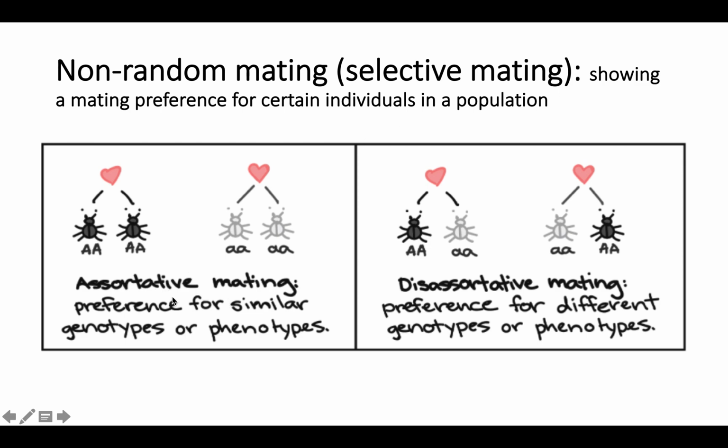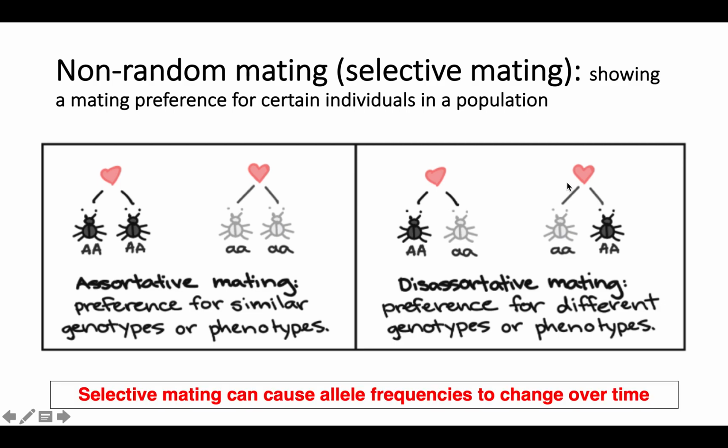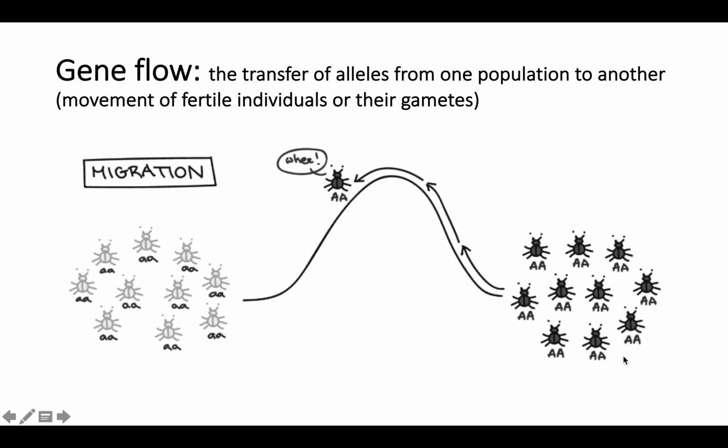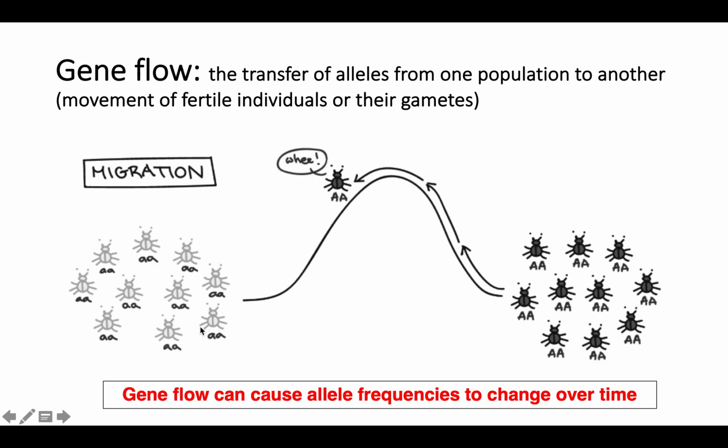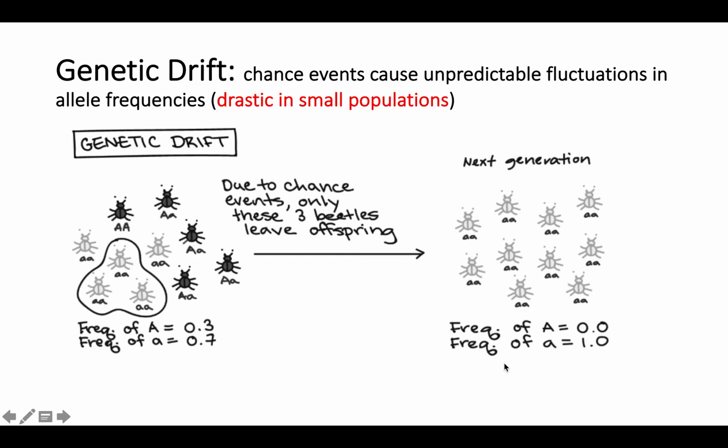So if you have something such as assortative mating or disassortative mating, any sort of preference for mating can lead to changes in allele frequency and therefore evolution. Gene flow is another one. So if you have any, for example, migration or the movement of fertile organisms or their gametes, then you can get allele frequencies changing and evolution.